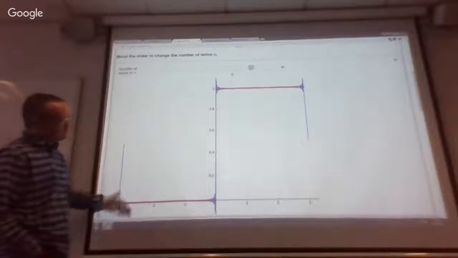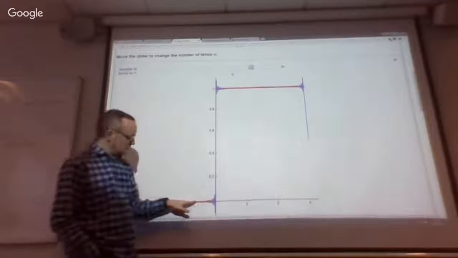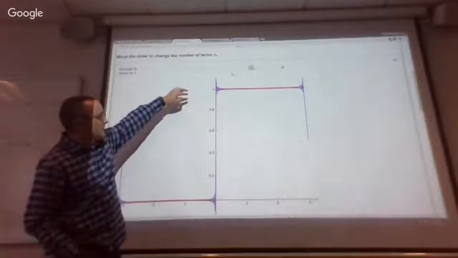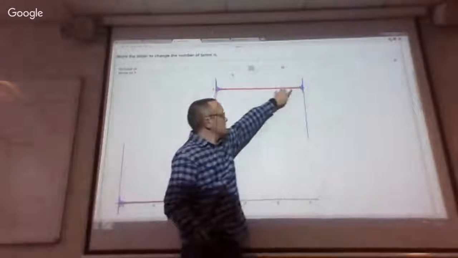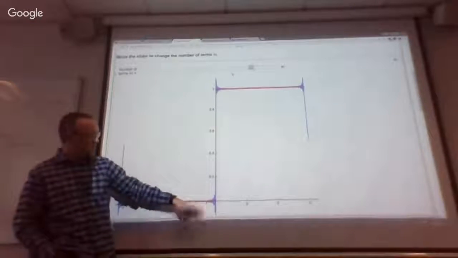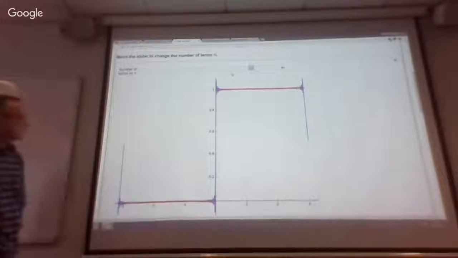Because if you specify a narrow band around the limiting value, for instance, the thickness of that red band, if that thickness is your epsilon, you're asking for the sequence function values, the blue values, to be close to the limiting values by that epsilon. So you're asking for the blue function values to be basically inside the red band.